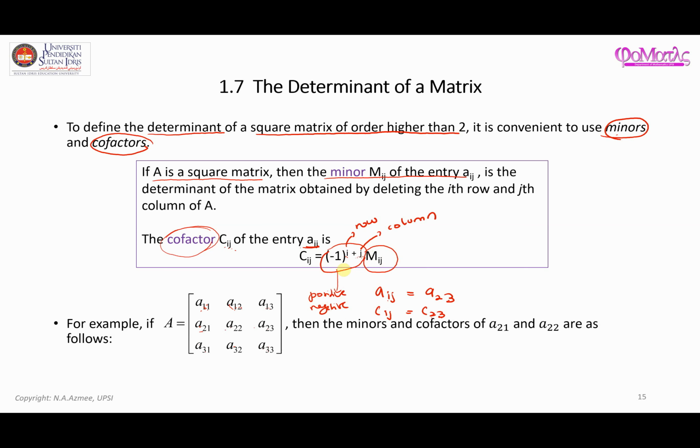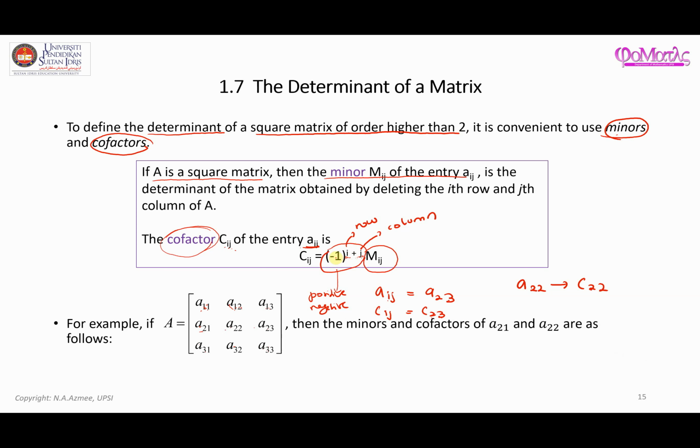This part is to switch the signs. If i plus j is even, for example A22, where you want to find C22, then 2 plus 2 is 4, and you get a positive exponent.